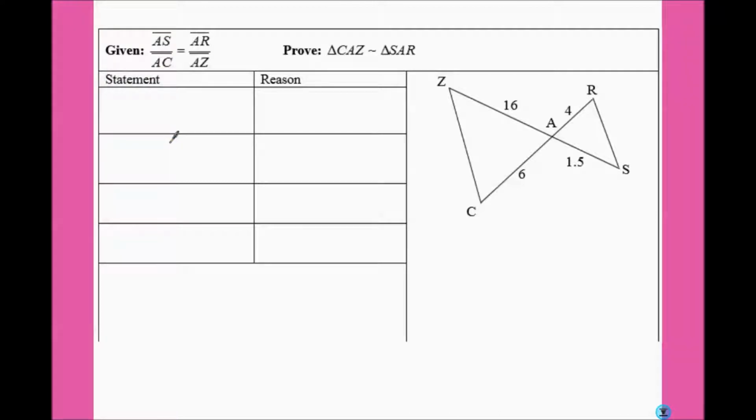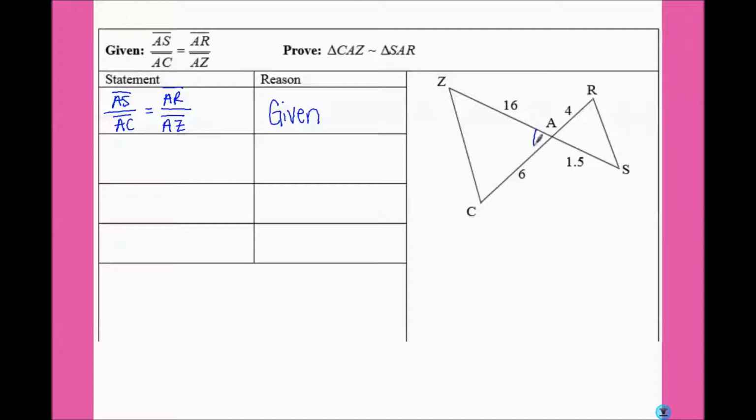Given that AS over AC equals AR over AZ, prove that triangle CAZ is similar to triangle SAR. So again, start with your given. Then that's only two sides proportional. And the only one of our theorems that has two sides proportional is side angle side. So we need an angle in between these. So we have AS and AC and AR and AZ. And if you notice, they all have an A in the middle.